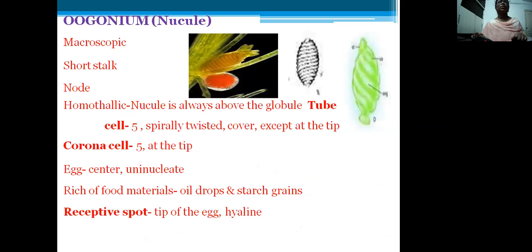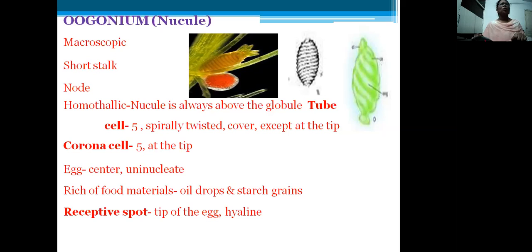There is another structure called the oogonium, or female reproductive structure, also called nucule. It is barrel-shaped and green in color. The barrel-shaped structure has a stalk, and the body is covered by five rings of cells twisted around this barrel-shaped structure, which at the tip form coronary cells.